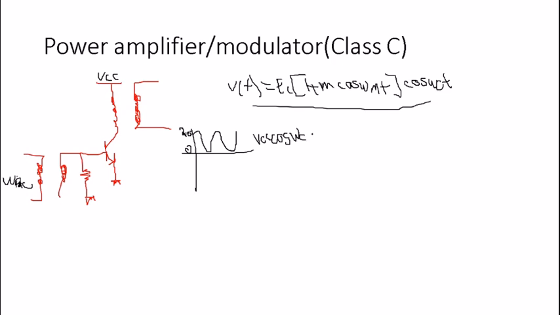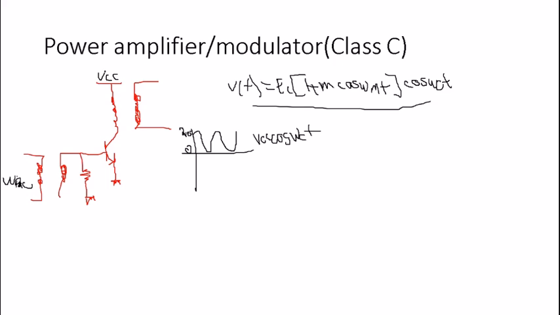What we can notice here is that the amplitude that is multiplied by this cosine signal is nothing but this voltage right here, which is VCC.